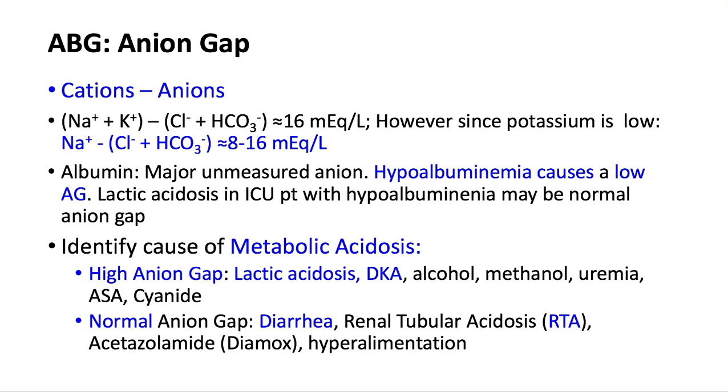So you have to correct for hypoalbuminemia. Some causes of metabolic acidosis with a high anion gap would be lactate, diabetic ketoacidosis with ketones, alcohol, methanol, uremia, aspirin, cyanide. And a normal anion gap would be something like diarrhea and renal tubular acidosis, among others.